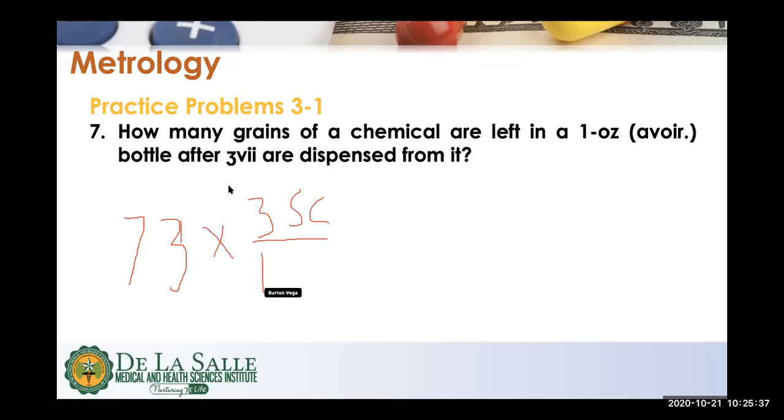Let me repeat what I said. Convert the grams to grains, and then remember the equivalent number of grains of one avoirdupois ounce. According to the problem, you have taken out 7 grams of the chemical from an original one avoirdupois ounce of the chemical.